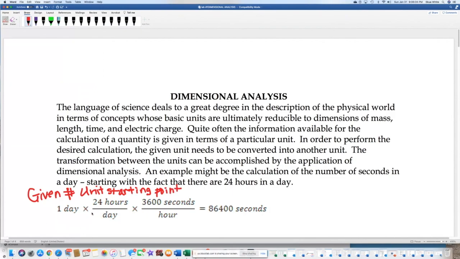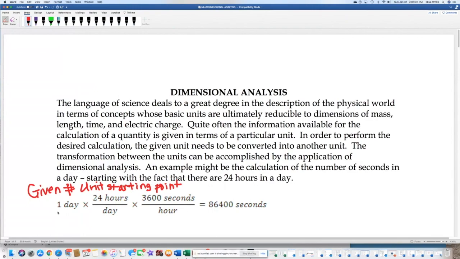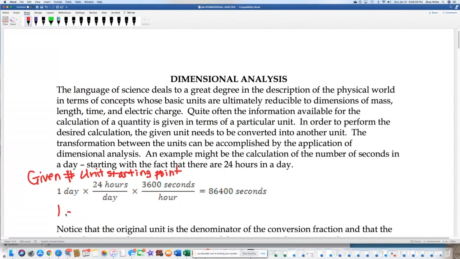So in this one here, this is dimensional analysis. They gave you a given 1 day, so you write out 1 day. This is the starting point. And then they have to tell you how far to go. That's the end point, because you can write a long dimensional analysis process. It's kind of like long division, which I haven't done in a very long time.